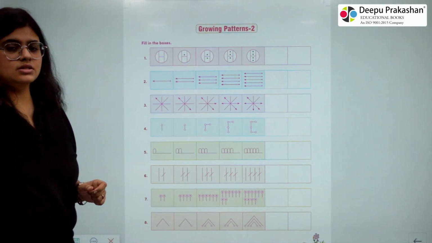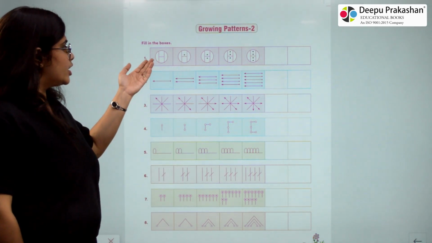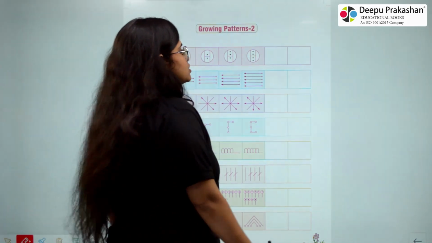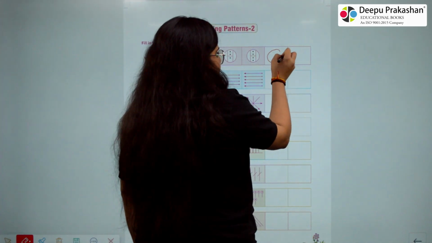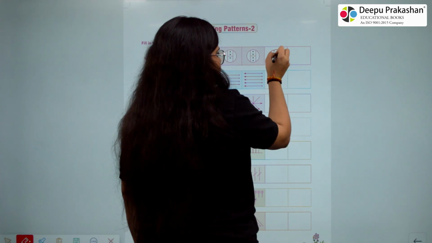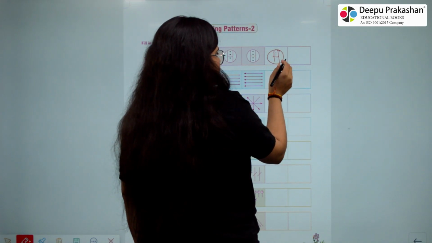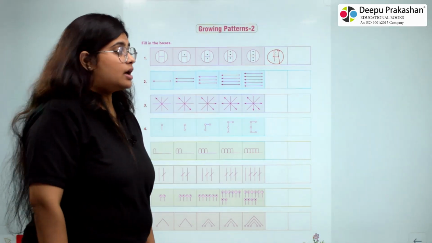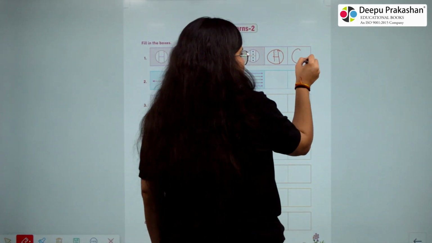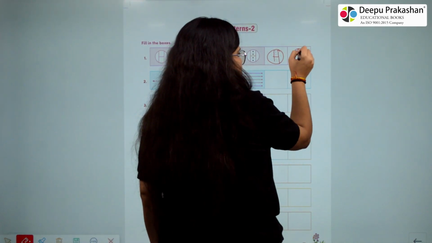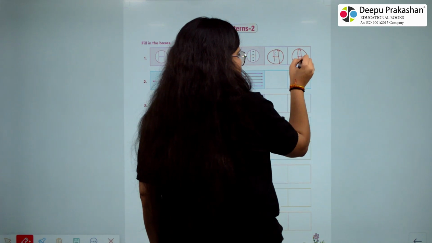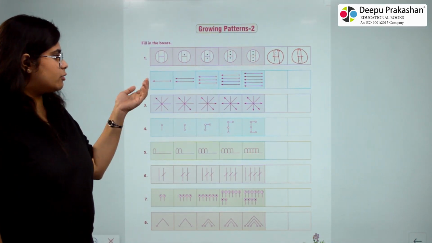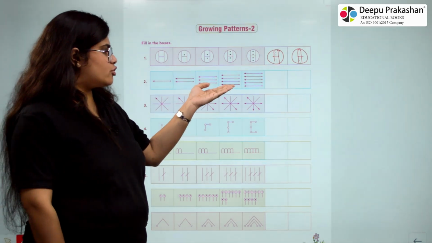Growing patterns 2. Fill in the boxes. 1. Here we are given 0 dots, then 1, then 2, 3, 4. So the next one will have 5 dots, and after that it will have 6. Okay. 2. We are given 1 arrow, 2, 3, 4, 5.